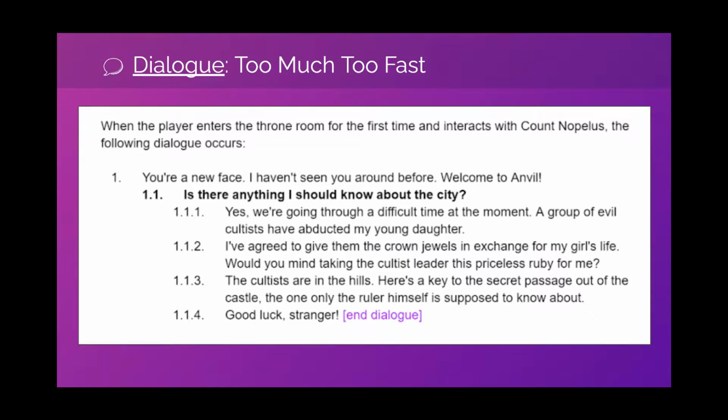The number of times I see this sort of thing in student writing, you would not believe. There is no reason why the Count would trust the player with the life of one of his family members, with the crown jewels, so much money, so much power, so much love for his family, given to a complete stranger.